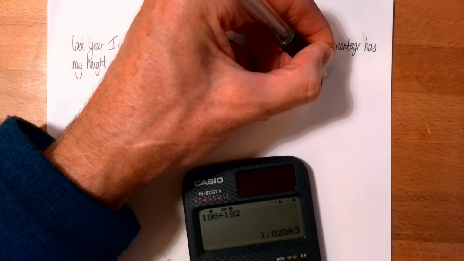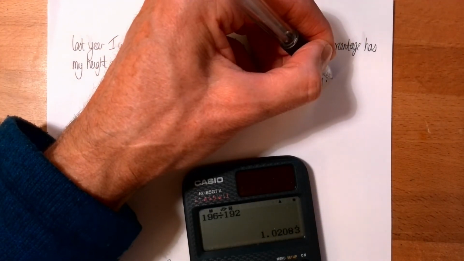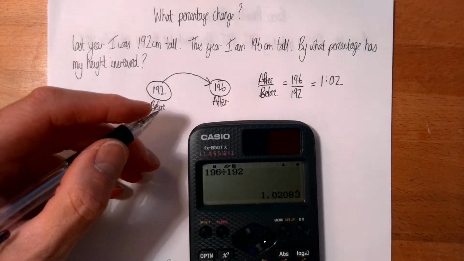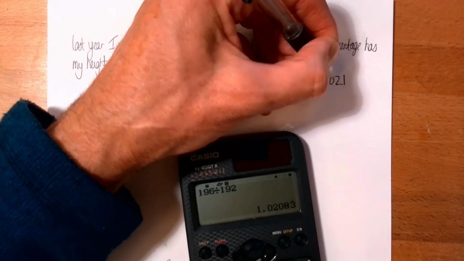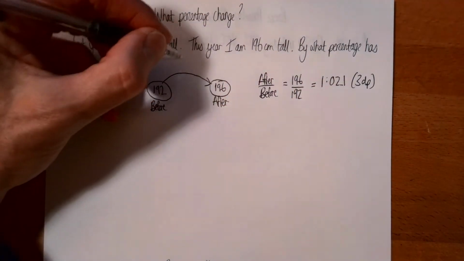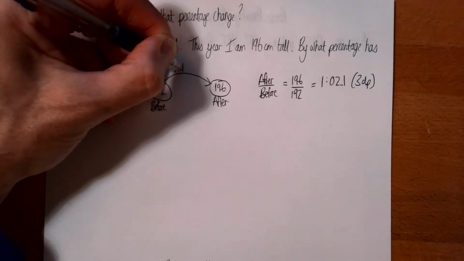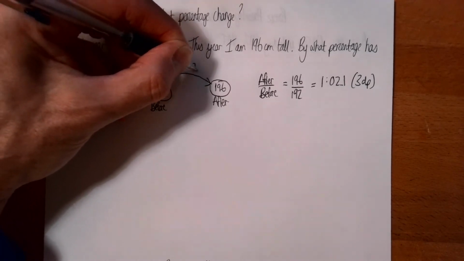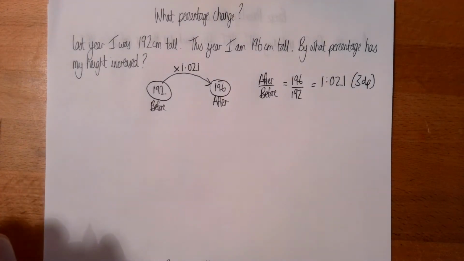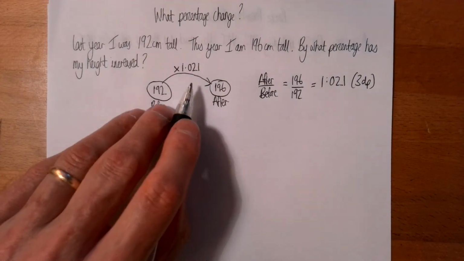So I'm going to round that to 3 decimal places. So that's 0, 2, 0, but the next digit's an 8, so that's 0, 2, 1. So that's 3 decimal places. So that means that the multiplier is that. Now think back to what we did a moment ago with percentage increase and decrease.